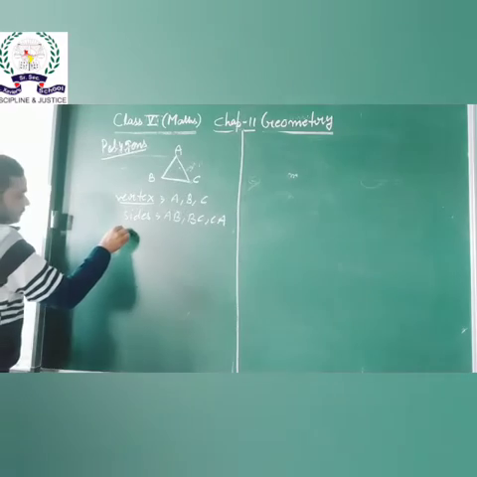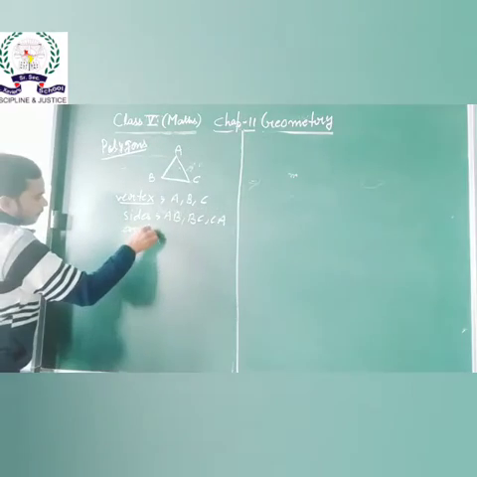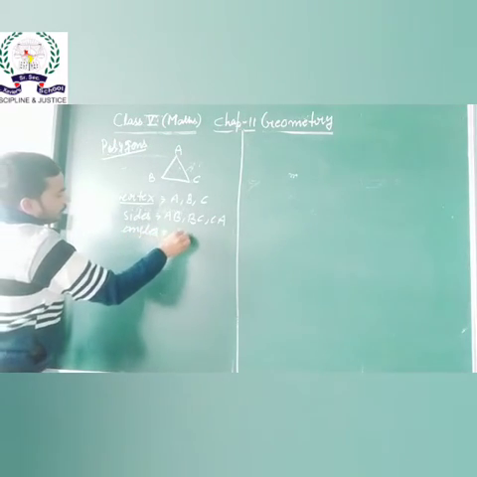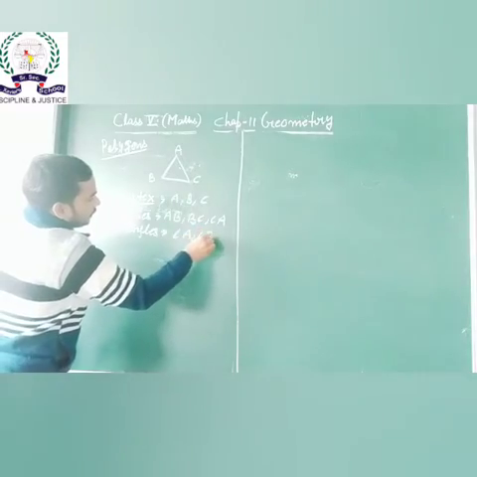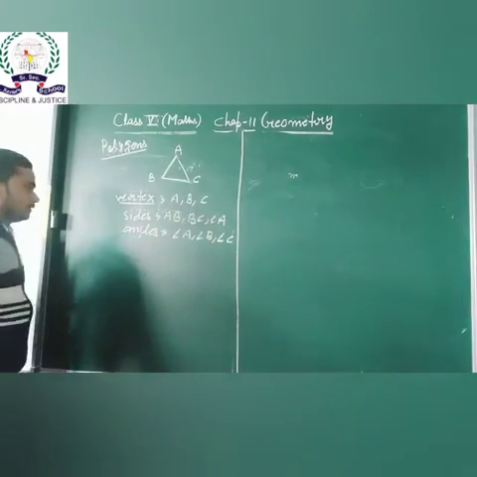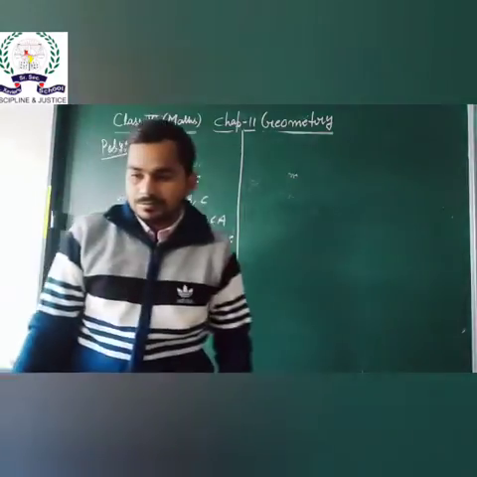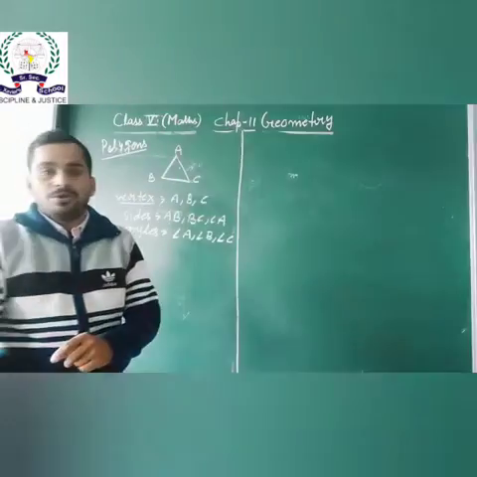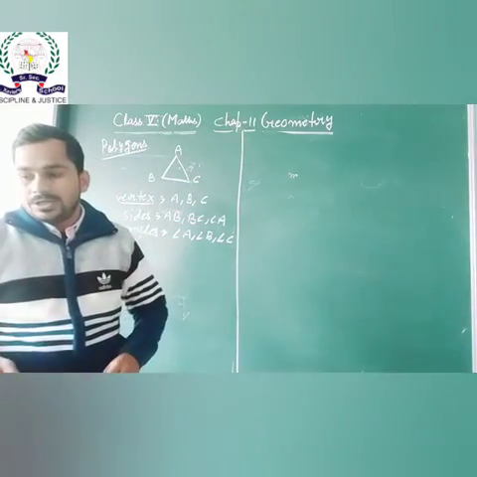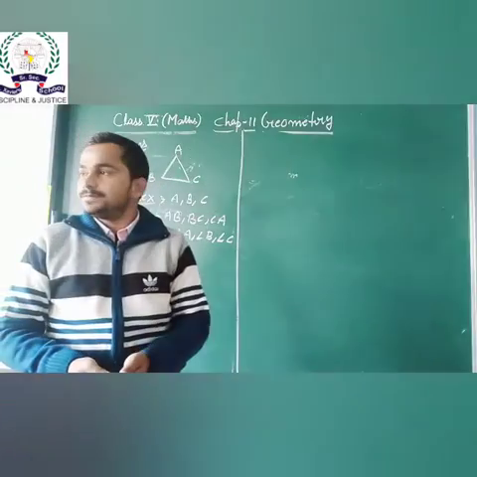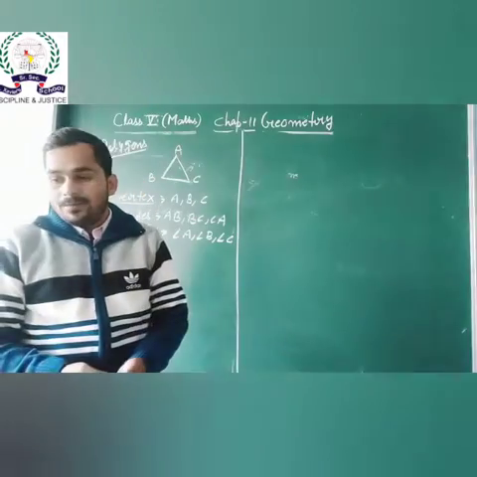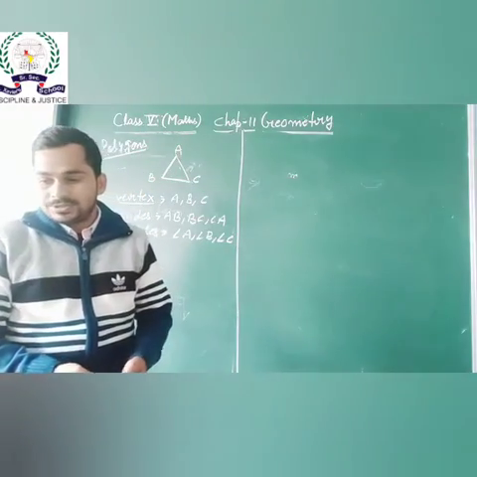And angles are angle A, angle B and angle C. A triangle is a special polygon because it has the least number of sides. Define a polygon made up of three line segments.